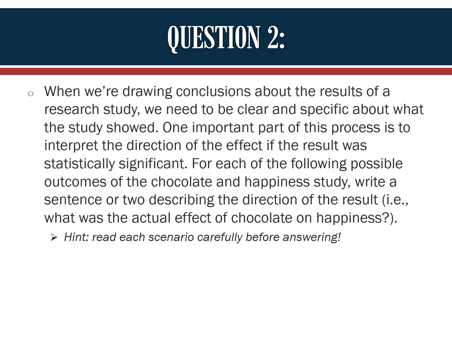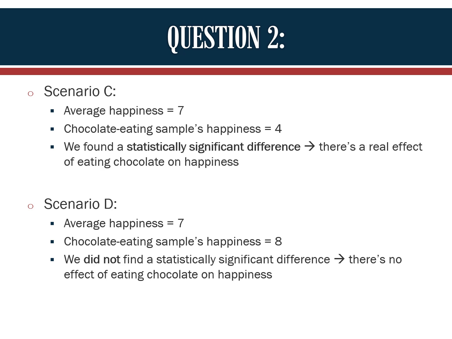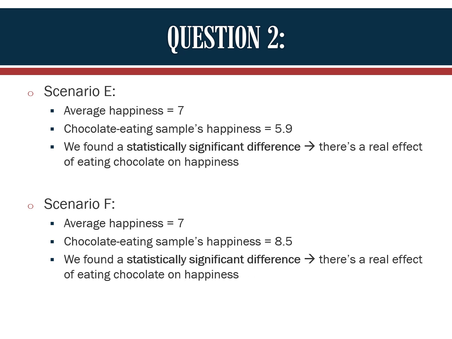So in other words, what was the actual effect of chocolate on happiness? A hint for this is to read each scenario carefully before answering. So scenario A, scenario B, scenario C, scenario D, and scenario E and scenario F. For each of these scenarios, your job is to write a sentence or two interpreting the direction of the effect if appropriate.